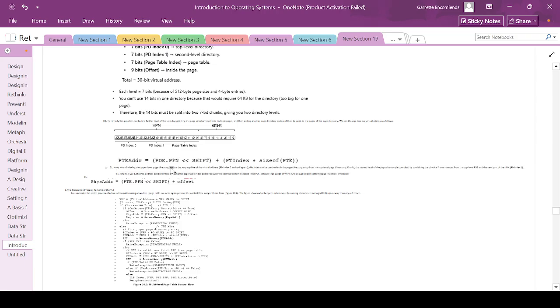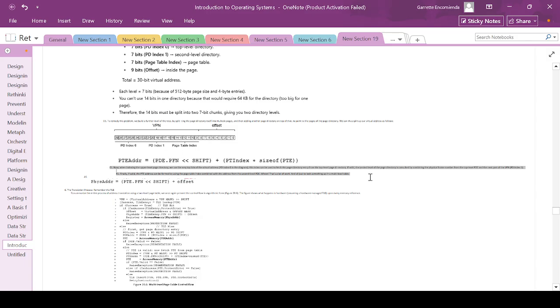Let me repeat. When indexing the upper level page directory, we use the very top bits of the virtual address, PD index 0 in the diagram. This index fetches the page directory entry from the top level page directory.